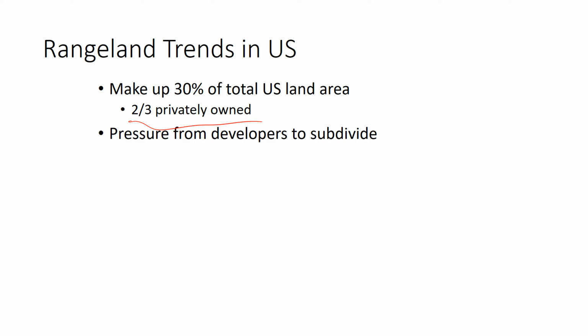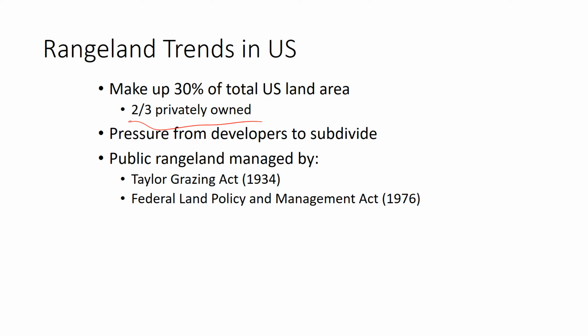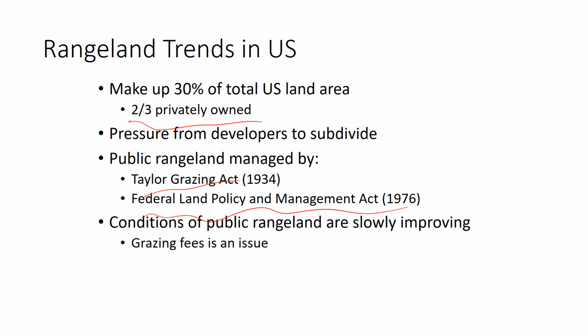There is, however, as urban areas grow, pressure from developers to subdivide these rangelands so we can develop them into urban sprawl, etc. So the Taylor Grazing Act and Federal Land Policy and Management Act, you guys can read up on those from the book, but that's how we manage our public rangeland. All right. Conditions of public rangeland are slowly improving. We're learning some things about proper management of our grasslands, as we saw in that TED Talk earlier.